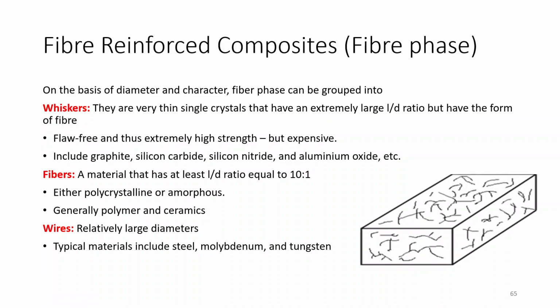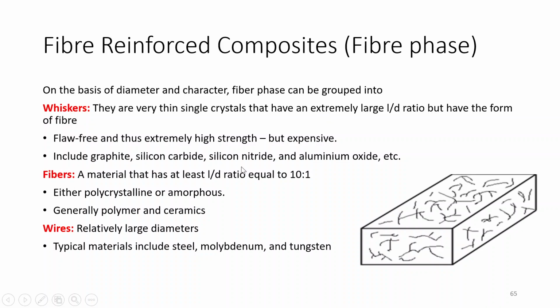In case of whiskers, they are very thin single crystals that have an extremely large L by D ratio, but have to have the form of fiber. These are flaw free and thus extremely high strength, but they are expensive. Materials include graphite, silicon carbide, nitride, aluminum oxide, etc.